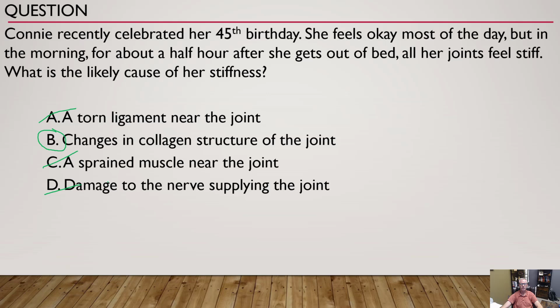She's getting old. She has changes in her collagen structure. Once you become older, you're going to feel this. I promise you. So change in collagen structure is why she feels stiff in the morning.